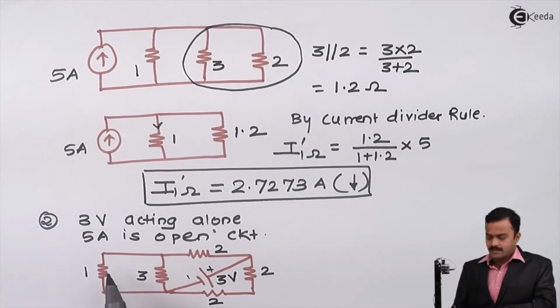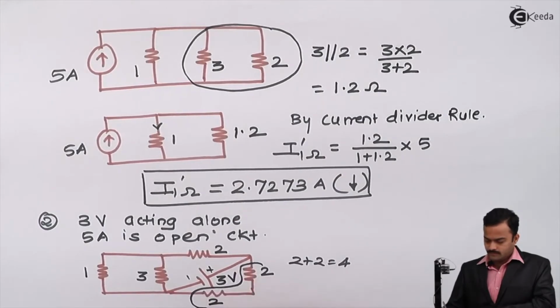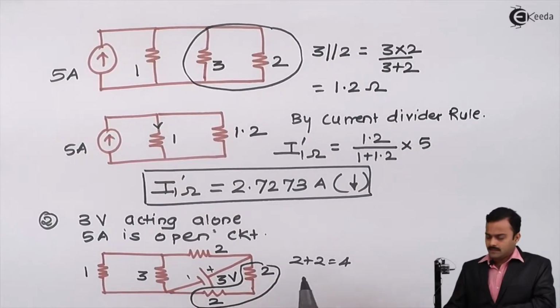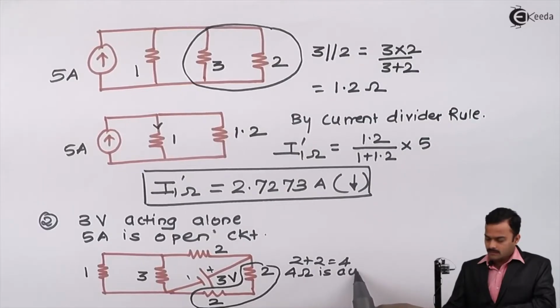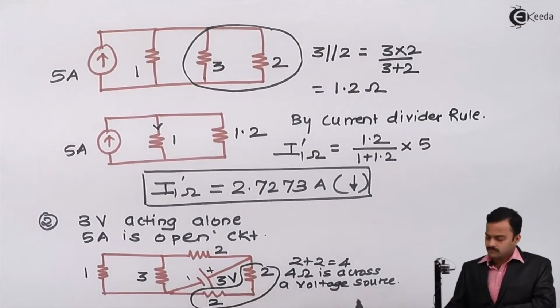So load resistance 3 ohm, this is 2, 2, 2, and battery of 3 volt is acting alone. Our job is to get current flowing through 1 ohm. Again, same thing applies. This 2 and 2 in series will give me answer 4 ohm. But this 4 ohm is across a voltage source which is 3 volt.